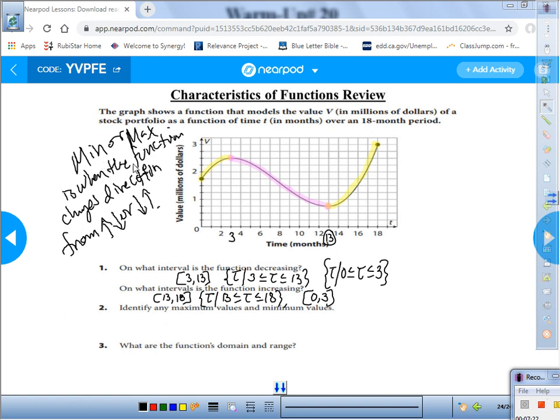Minimum or maximum is when the function changes direction from up to down or from down to up.